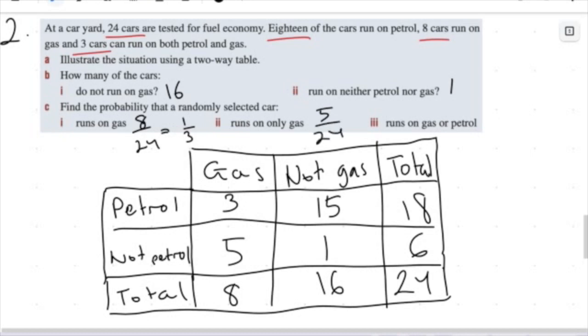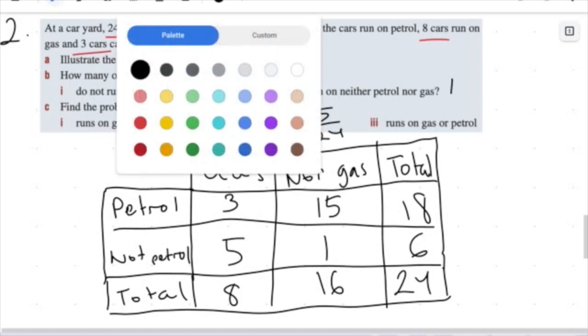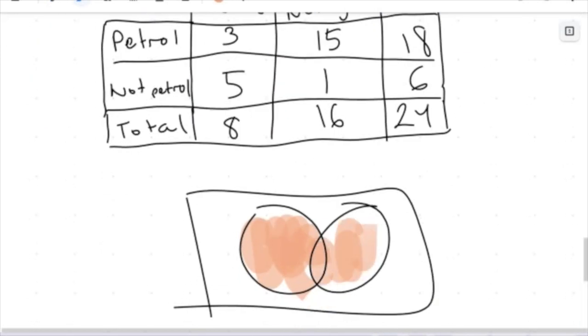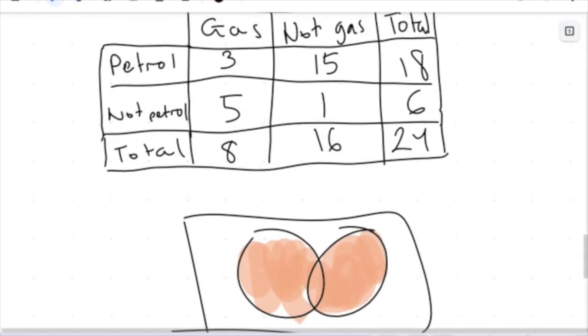And finally, runs on gas or petrol. So this is just the ones that run on gas, petrol, or both. So that's pretty much just everything except for the neither section here. Or, in the same way, in our Venn diagram, this takes into account everything here. So we have gas, petrol, both, and everything except for the neither here.